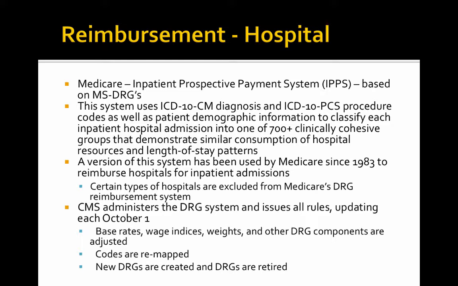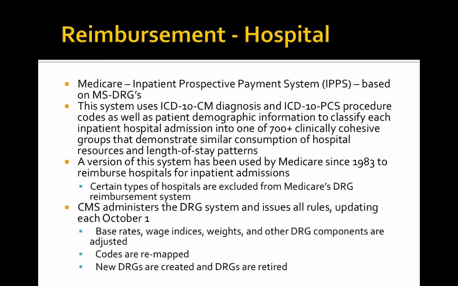I could have $30,000 in charges. They could have $50,000 in charges. If we're both Medicare patients, the hospital is going to get paid the same for both of our services, because that's the way that system is created. And I'll show you an example here on the next page.